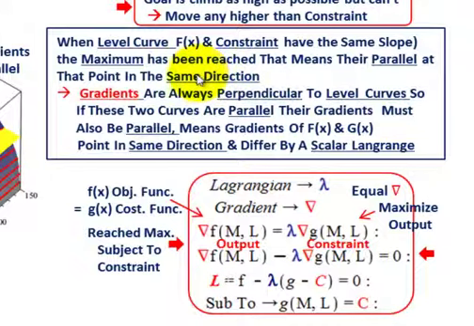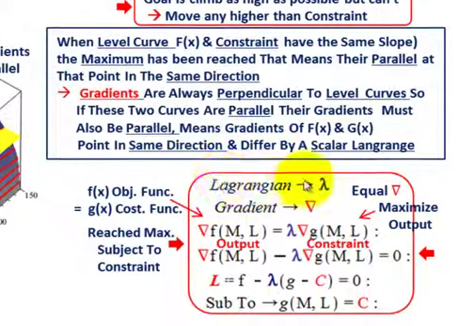What we're saying is the gradients are always perpendicular to the level curves. So if these two curves are parallel, their gradients must also be parallel. That means the gradients of our production, or revenue, function and our cost function, at some point, are in the same direction, and they differ only by a scalar Lagrangian amount.